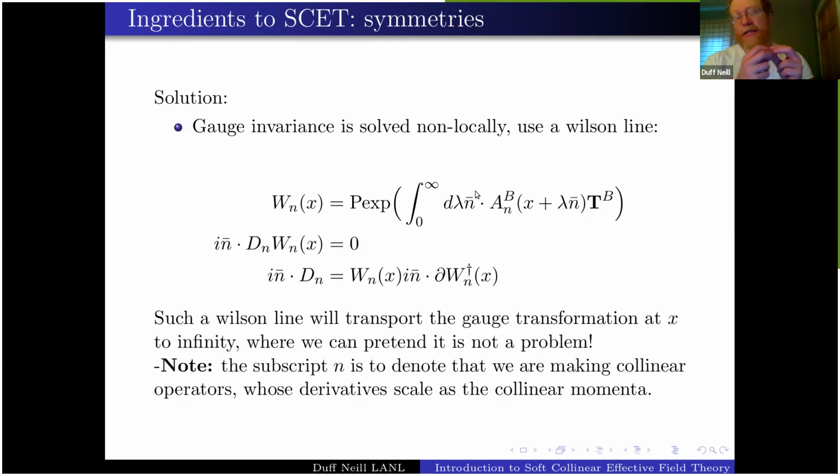And what you should think of this Wilson line as describing for you is a generic charge, where I've written my charge down as this T matrix, being transported along from point X to a light cone ray emanating away from point X off to infinity.